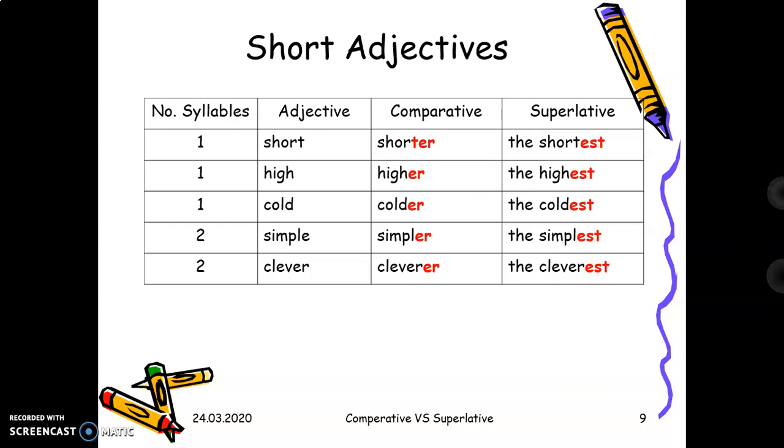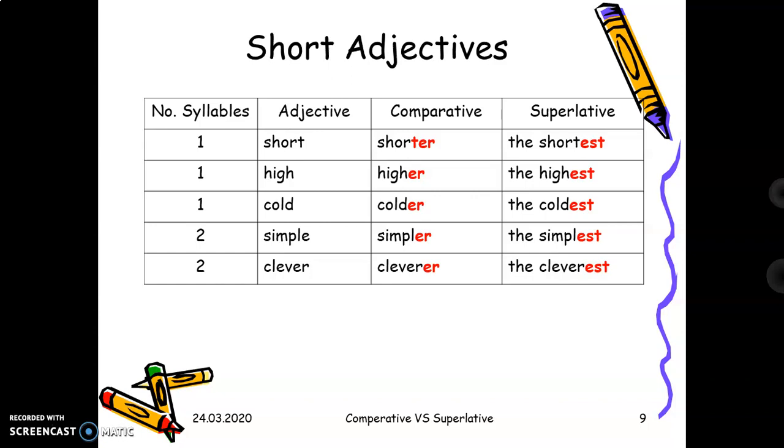But when we talk about the superlative, we say he's the most beautiful guy in the class. She's the most intelligent girl in the class. So most in the superlative, more in the comparative, for three or more syllables.